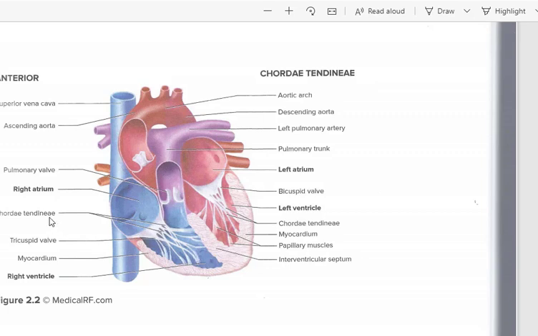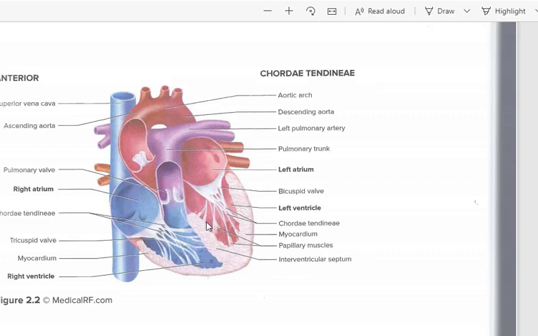So chordae tendineae, everyone should know cord, made of tendinous, like the tendons and ligaments. So chordae tendineae, papillary muscle, nipple-shaped, there's one, and that's what the heartstrings are attached to. Here's the interventricular septum. So it is the septum that divides the left and the right ventricles.